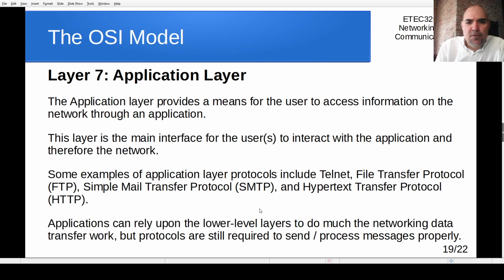And later on in this class, we're going to start programming some game server type network systems, where we get to make our own protocol and decide how it works. But the idea is that's all at the application layer. Now, notice that applications are going to rely on those lower level layers to do the work for us. But there still might be that protocol that's required for us to create, or a standard one like one of these up here that we need to follow to make sure things happen properly.